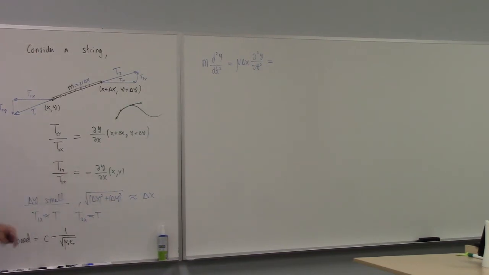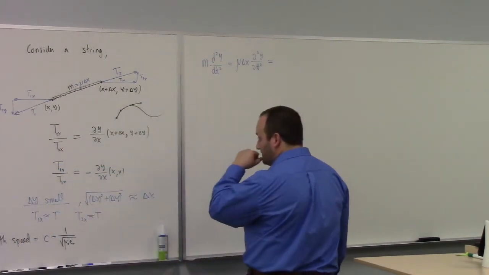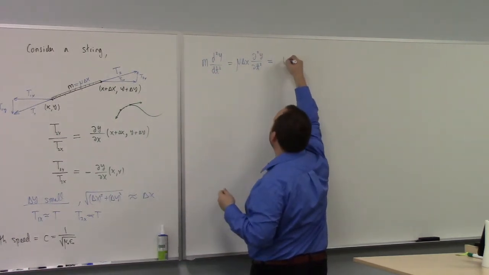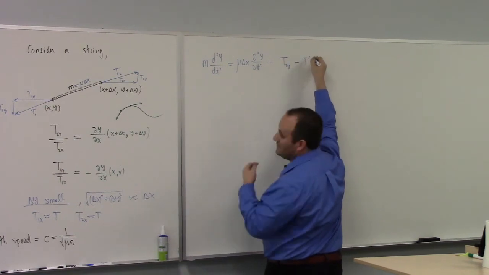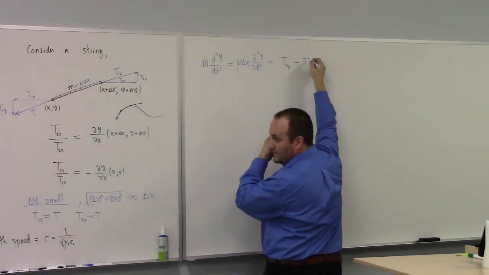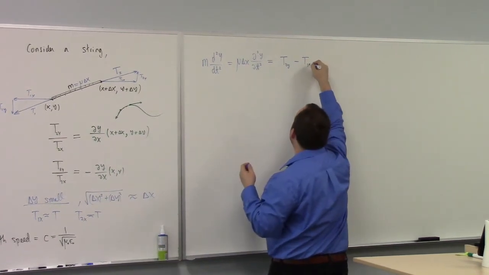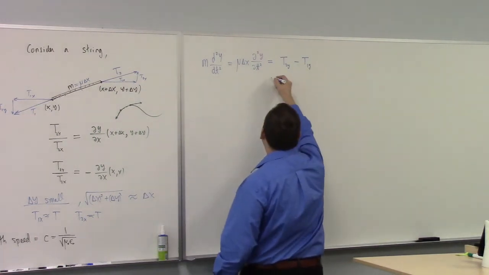Anyway, T1x is approximately T, and T2x is approximately T. That means Newton's law would say T2y minus T1y.